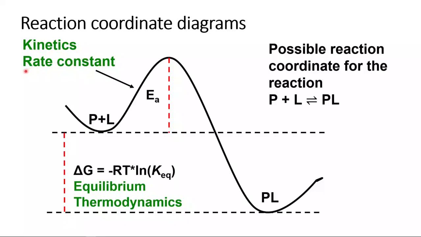And so the parameters that we're going to be interested in, and we'll talk about this soon, are rate constants. The rate constants are related to this activation energy, and we'll talk more over the next several modules about how the rate constant is related to the activation energy. But for now, just remember that that's what the activation energy is related to.